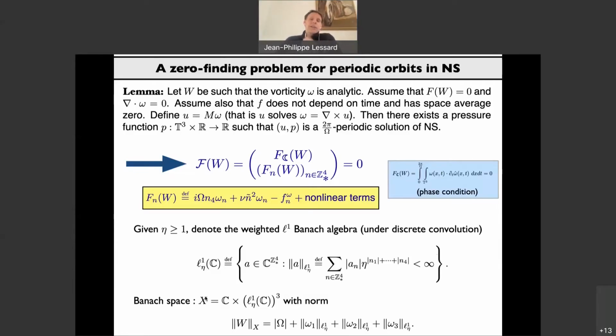Also, because it's weighted L1, we have nice ways to compute operator norms. If you take a finite dimensional problem, a matrix, and you want to compute the L1 matrix norm, it's kind of easy. You take the first column and its L1 norm, then the second column, and the third column, and so on, and you take the max of the L1 norms of the columns, and that gives you the matrix norm.